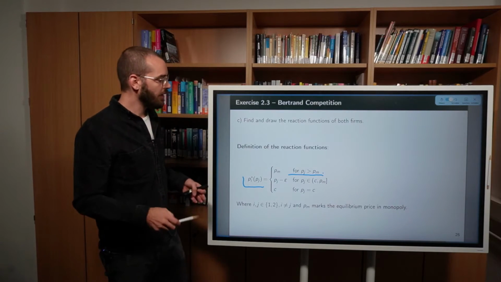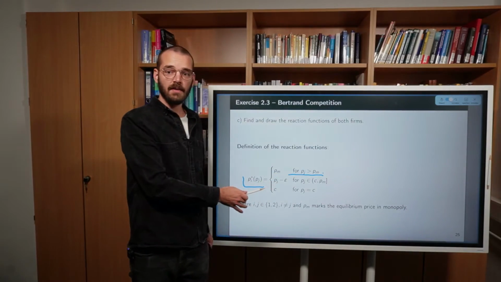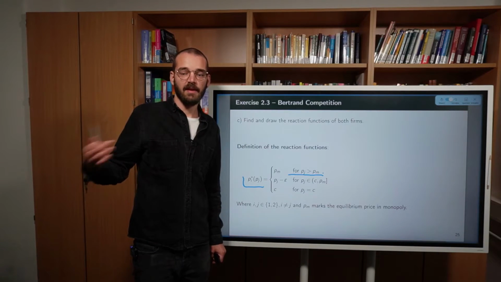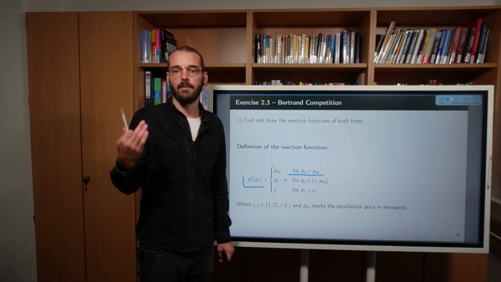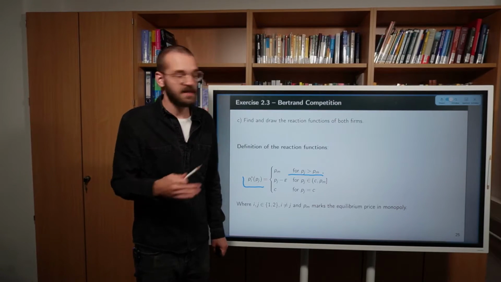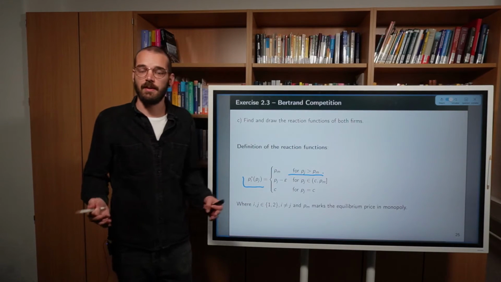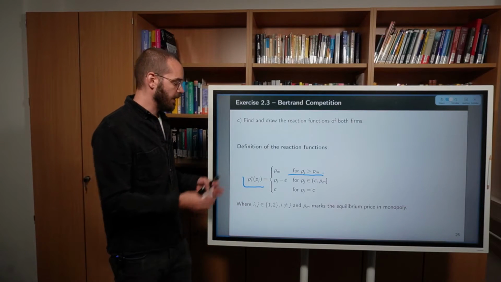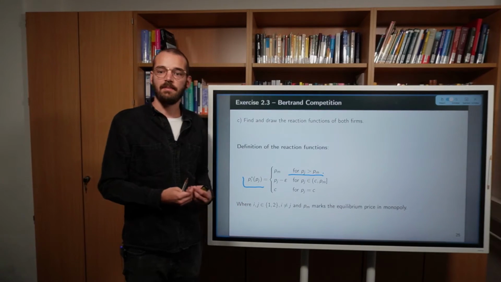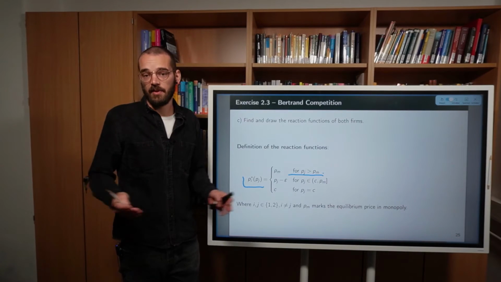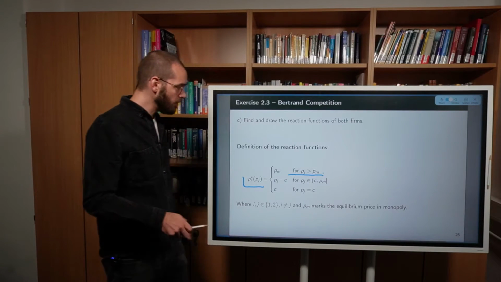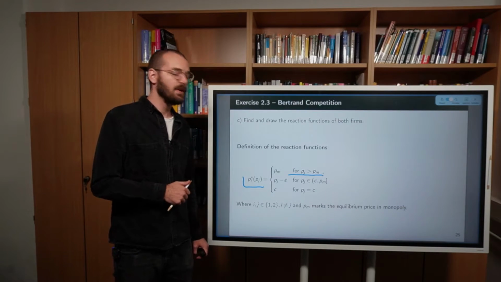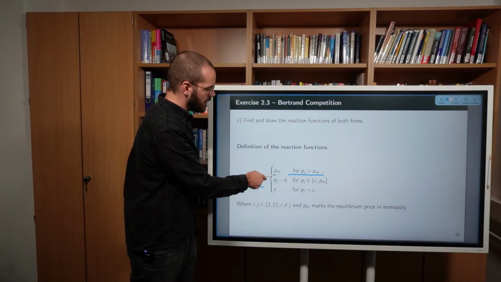So, as long as the competing firm j is setting a price that is even larger than the monopolist price, well, then firm i can undercut by setting the monopolist's price. The monopolist price then, by assumption, is lower than firm j's price, so firm i can serve all the demand, and at the same time ask for the profit maximizing price in the market, the monopolist's price. So for any price p_j that is larger than the monopolist price, it is profit maximizing for firm i to set the monopolist's price.